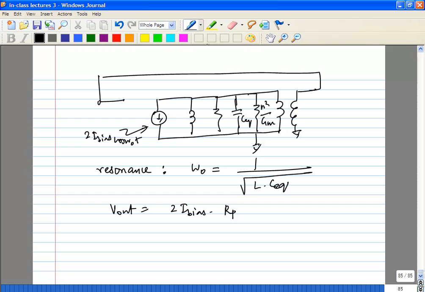And the gate source is V naught cos omega naught t. So the actual signal current there is 2 I bias cos omega naught t. So what is the output amplitude? It's the fundamental peak component, 2 I bias times R P in parallel with N square over GM. Is that clear?